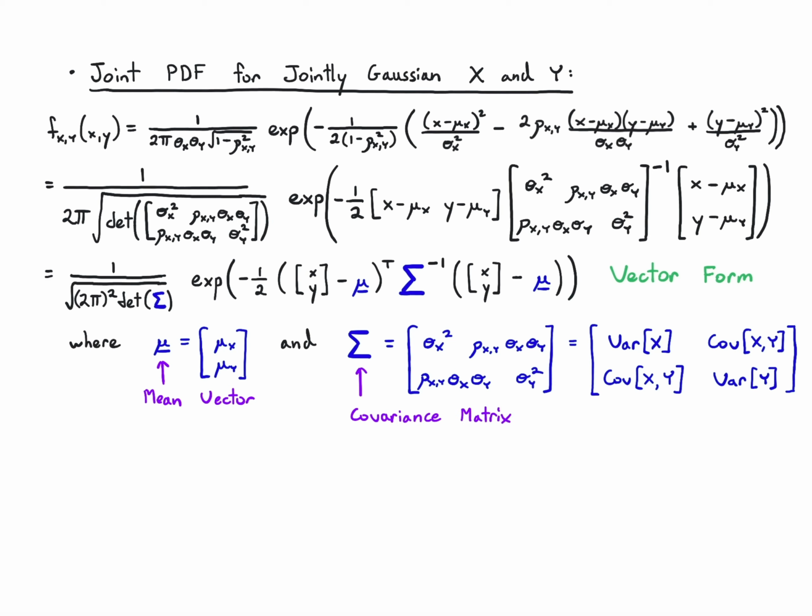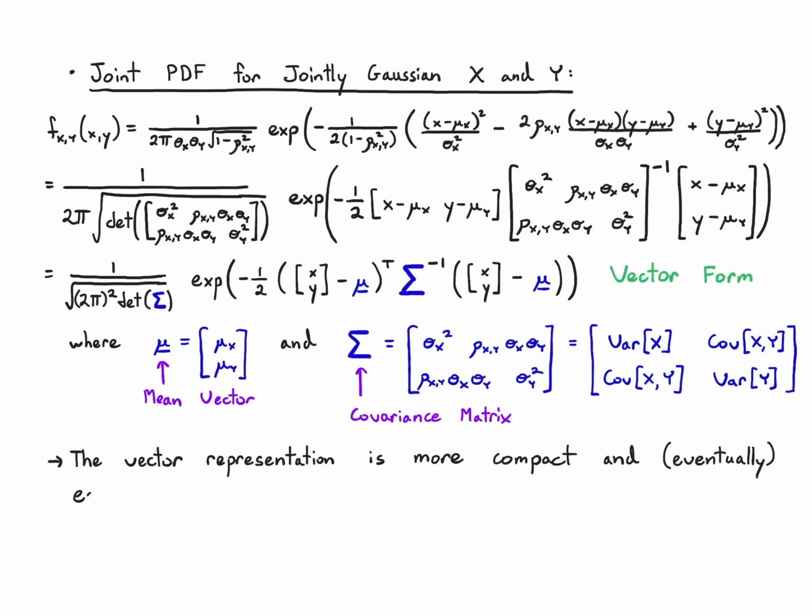The main thing that I want you to know is that we're not expecting you to remember all of this stuff right away, but this is a more compact form, and eventually if you work with these more and more, this will be the one that you remember. And it generalizes immediately to more than two random variables, and that's why it's so important.